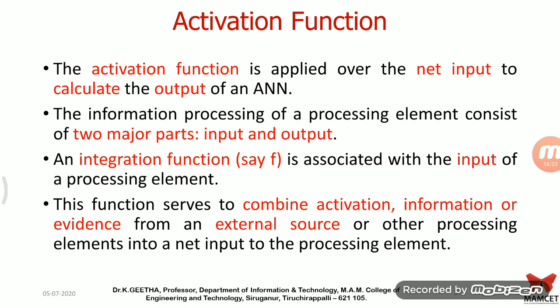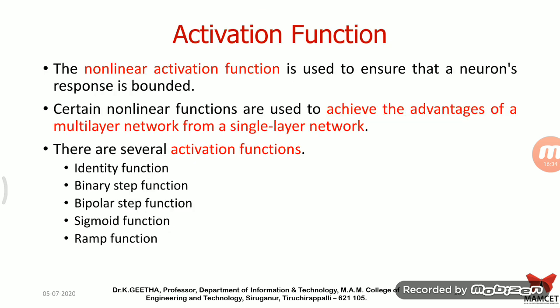This function serves to combine activation, information or evidence from an external source or other processing elements into a net input to the processing element. The nonlinear activation function is used to ensure that a neuron's response is bounded. Certain nonlinear functions are used to achieve the advantages of a multi-layer network from a single layer network.